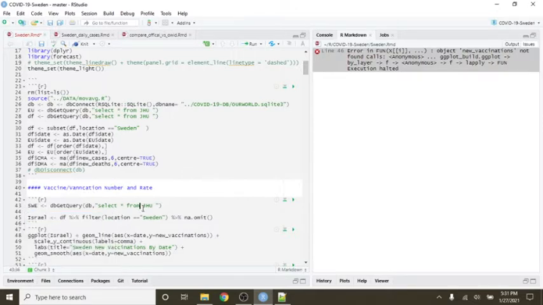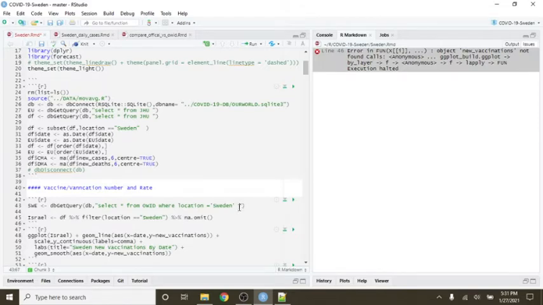We're going to say from data where location equals. So we shouldn't need, oh, I don't know. You know what?